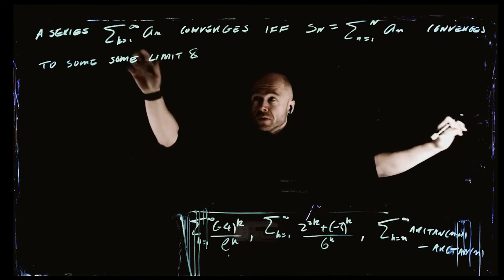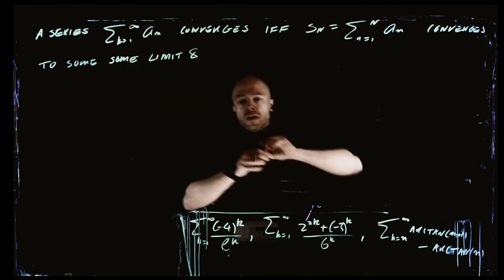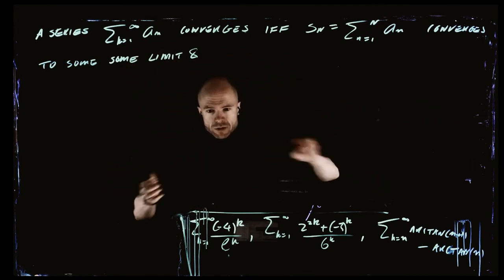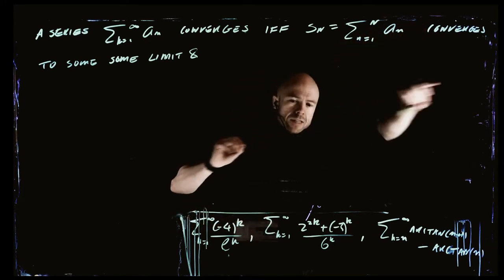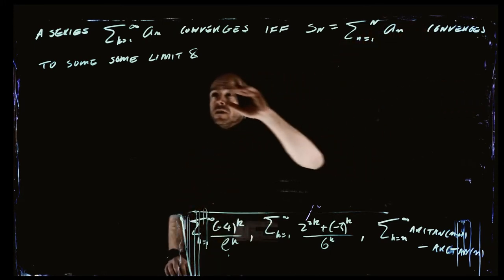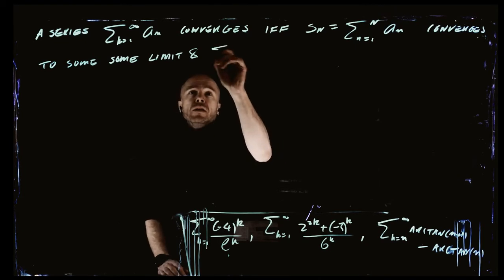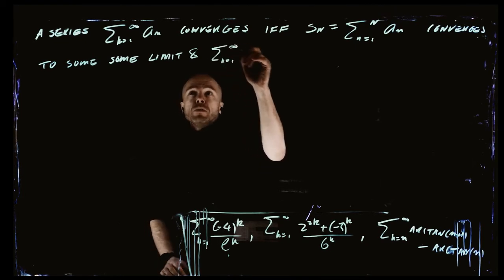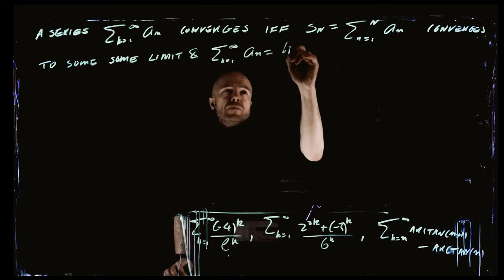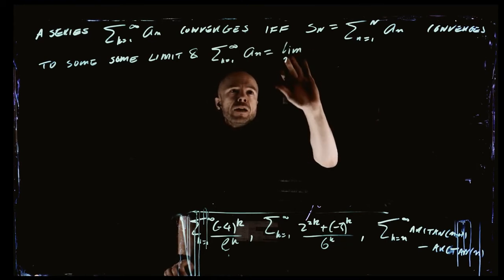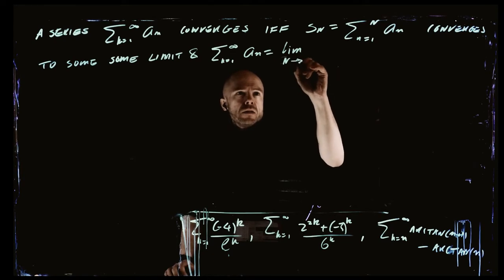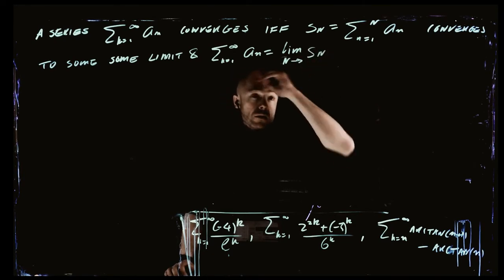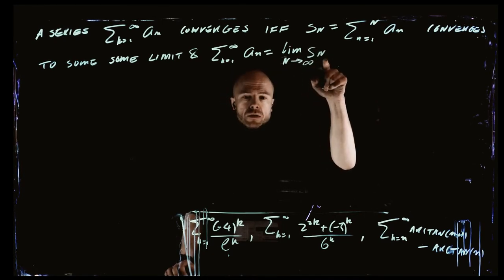And that's what this thing means. It means taking an increasingly large partial sum, called partial because we're not summing the entire thing, and taking the limit as capital N goes to infinity. So this sum, k equals 1, this is what it means: the limit as capital N goes to infinity of this thing.